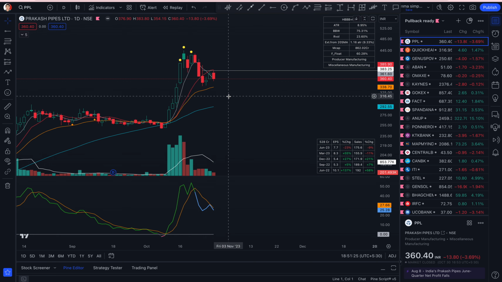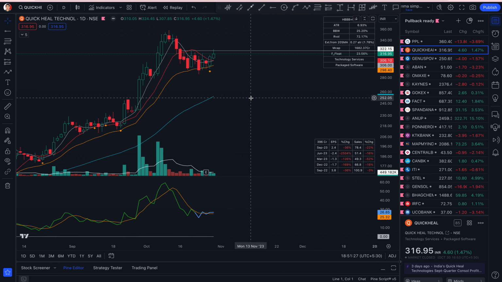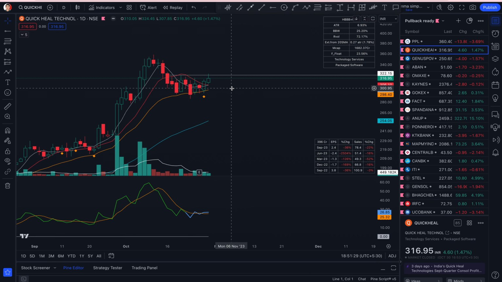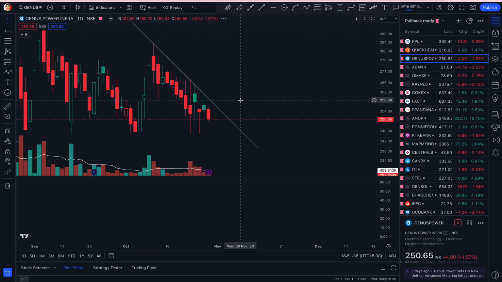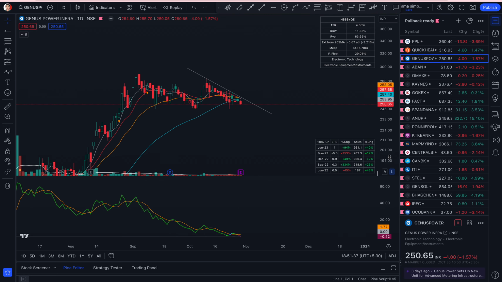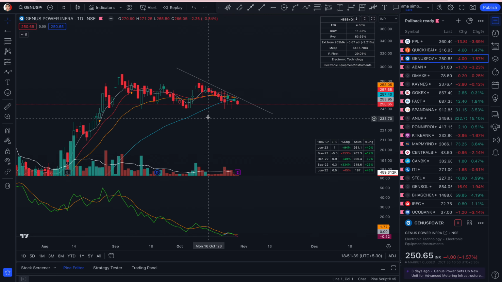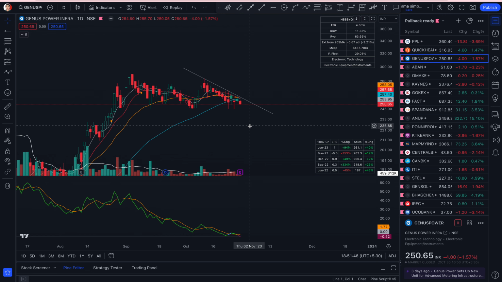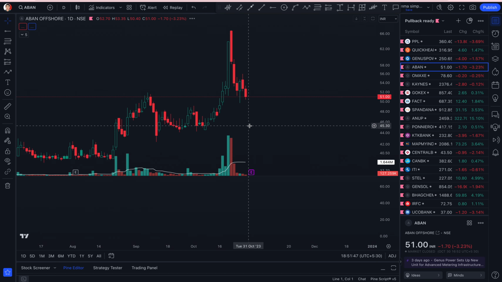Two tight candles, quick heel. I am tracking this for a pullback entry. See Genus, this is one T, this is the second T in a larger scheme of things, and the moment it breaks out would be another entry.